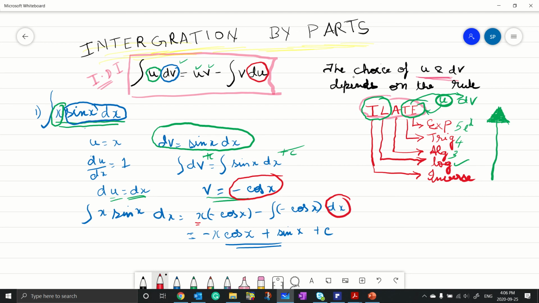I have taken this negative sign outside, which becomes positive. Then we are left with the integral of cos x dx, which is nothing but sin x. So I write sin x plus c, and this is my answer.